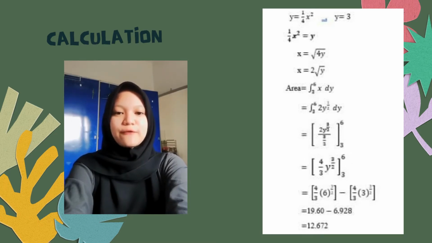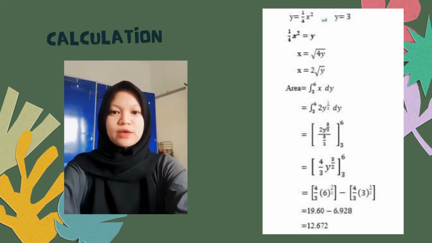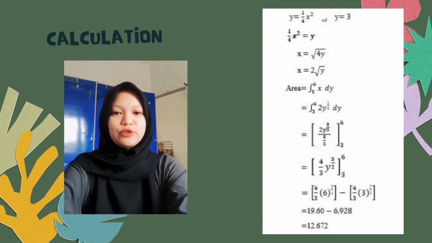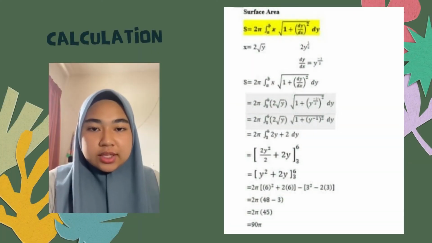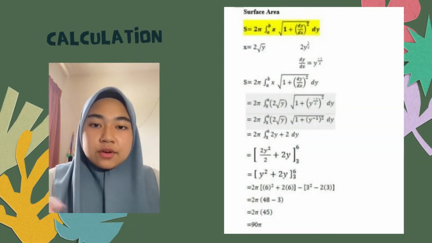We get that 4/3 y to the power of 3/2 with 6 as the upper limit and 3 as the lower limit. Lastly, we need to substitute y with the upper and lower limit values and subtract. The final answer we get is 12.672.